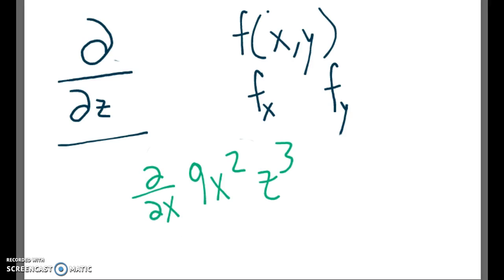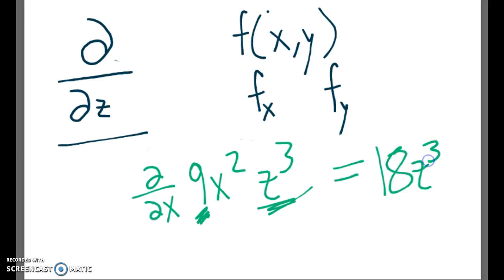Well, we set z cubed as a constant, and 9 is clearly a constant because it's a number. And then we take the derivative of x squared, which we know is 2x. So we have 9z cubed times 2x, which is equal to 18z cubed x. I said squared before, I meant cubed. And that's our answer.